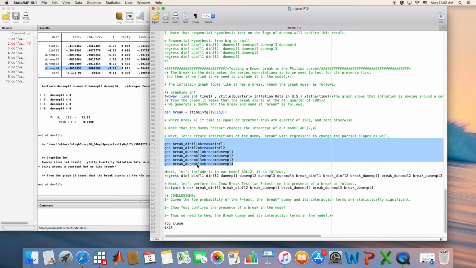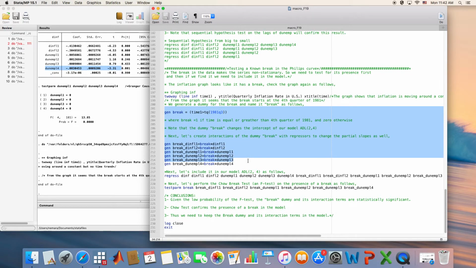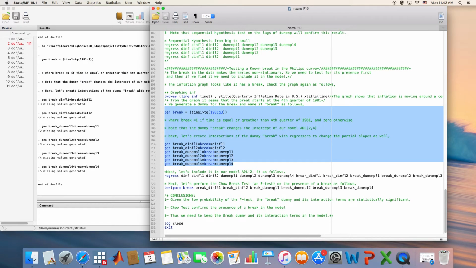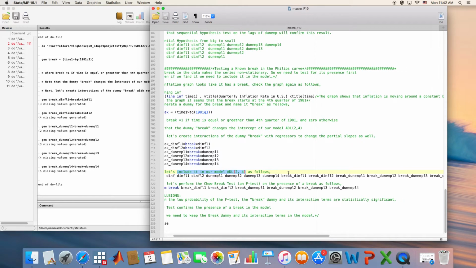So I would create an interaction of this dummy with all the x's in this model, so that we guarantee that we are changing the whole regression and testing whether it's significantly important or not. So let's generate the break and the interaction terms. And let's include them in our ADL2Q, 2-4. And this is the way of including them.